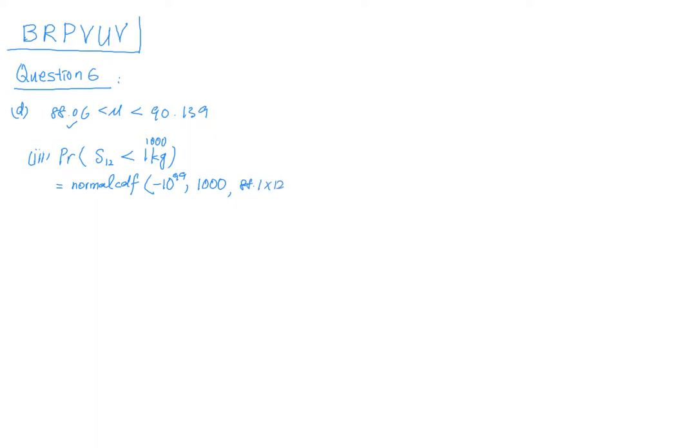This is using the lower. Then the standard deviation is square root of 12 times 5.3. Correct? So this is the lowest. So this is the highest possible probability.